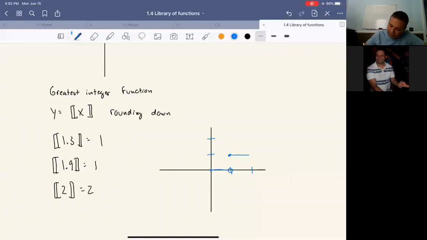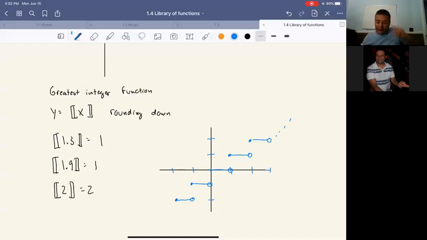Between 1 and 2, it's going to be 1. And then at 2, it bounces up here to 2. Keeps going like that forever. And goes in the same way on the left.